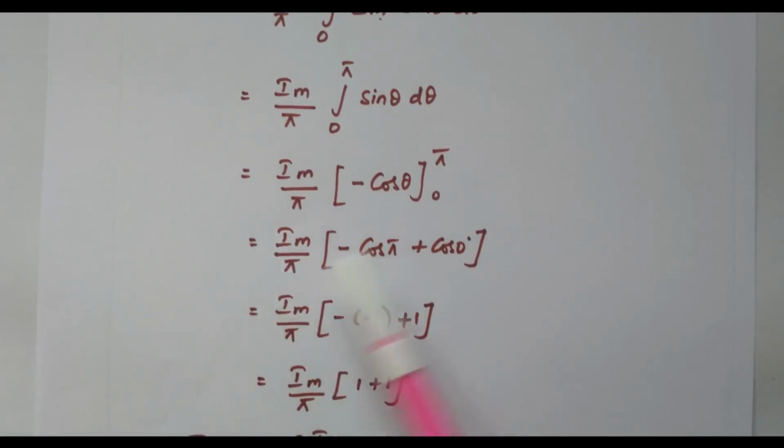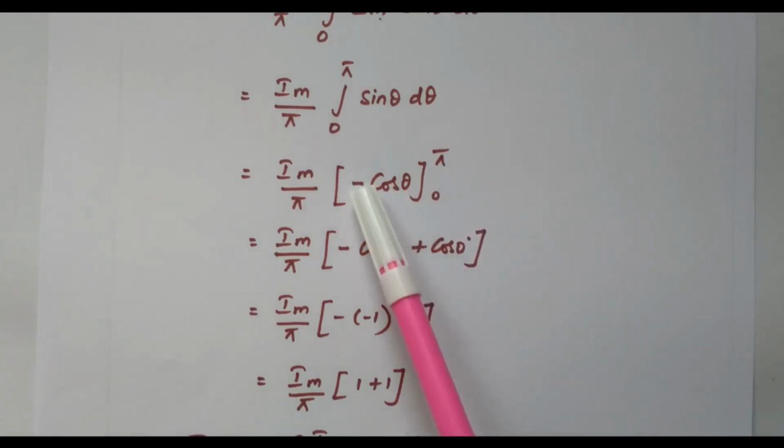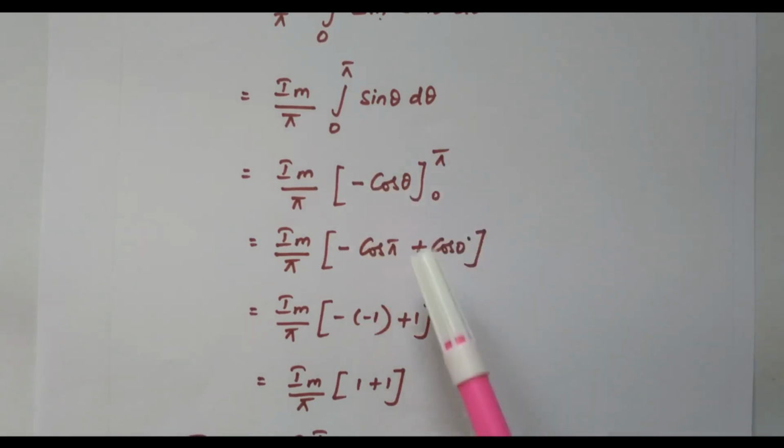So Im by pi, minus cos pi. While substituting the lower limit, one negative will be there. Already one negative is there, so it becomes positive, plus cos 0. So upper limit substituted, and for the lower limit, plus cos 0. Cos pi value is minus 1, already one minus is there, and cos 0 value is 1.